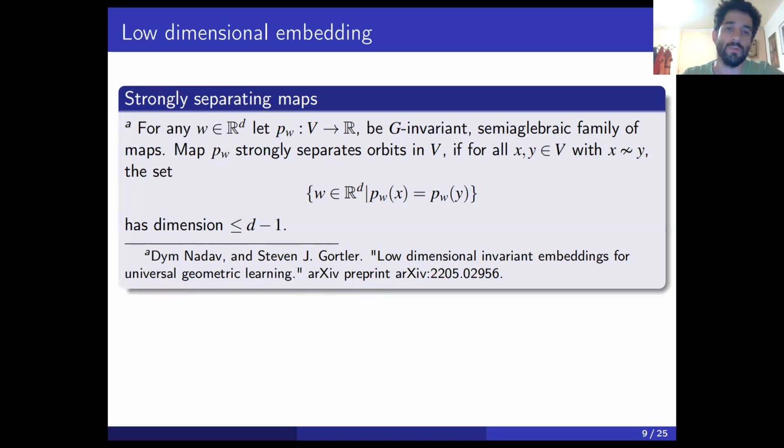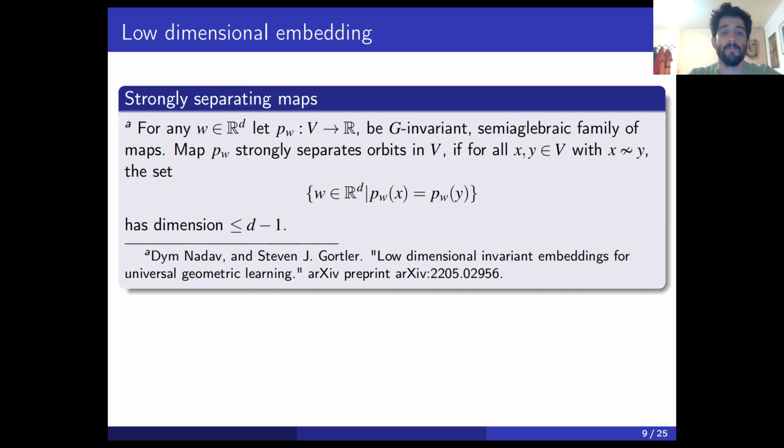So suppose that for any vector W, we define a map PW from our vector space to R. Then we say that PW strongly separates orbits in our space if and only if, for fixed non-equivalent elements x and y, the set of W such that PW fails to separate x and y has algebraic dimension at most d-1.